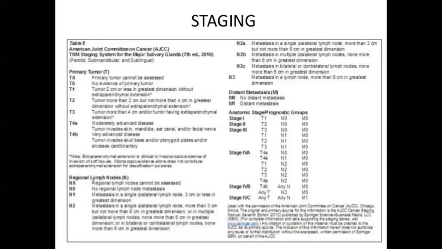N3 is metastasis in a lymph node more than 6 centimeters in greatest dimension. M1 means distant metastasis.